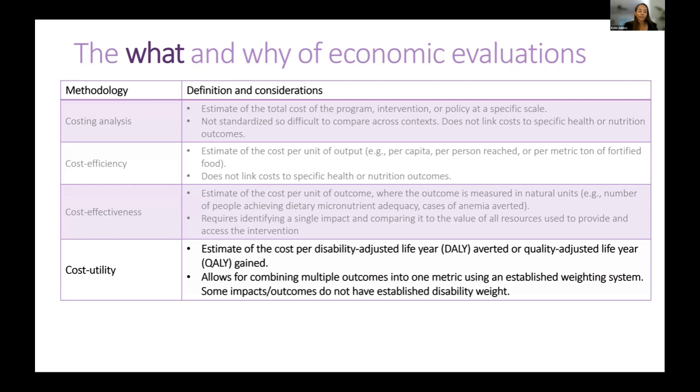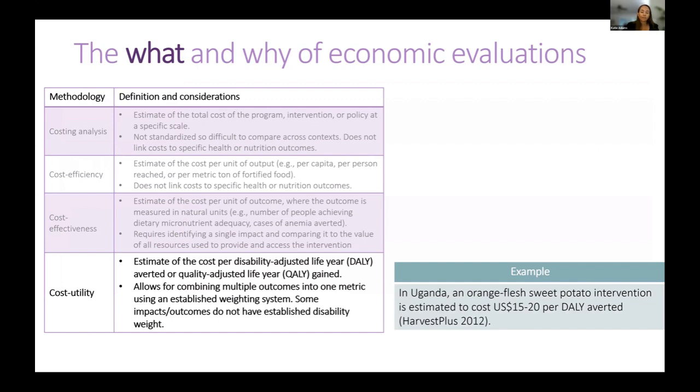One note here is that some impacts or outcomes may not have established disability weights, so it may be difficult to include those in the total DALYs averted estimate. As an example of this type of estimate, a study by HarvestPlus found that an orange flesh sweet potato intervention in Uganda is estimated to cost around $15 to $20 per DALY averted.